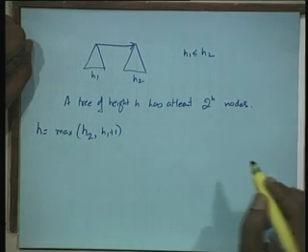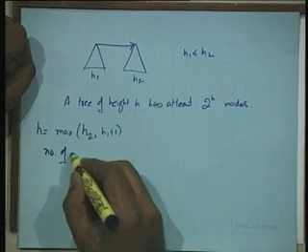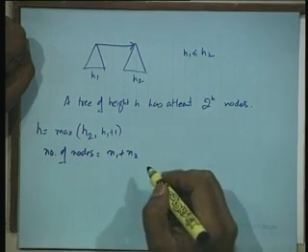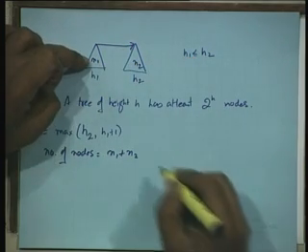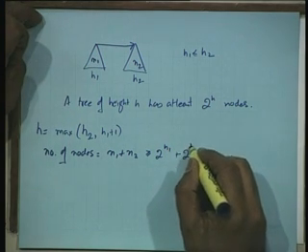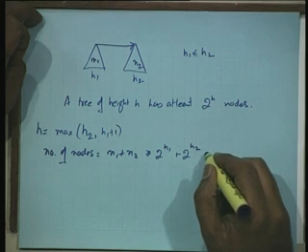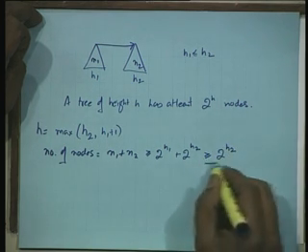Now, what is the number of nodes in the new tree? It equals n1 plus n2, the number of nodes in this tree plus the number of nodes in this tree. We know that n1 is at least 2 to the h1, n2 is at least 2 to the h2. So this quantity is greater than or equal to 2 to the h2, that is one way of thinking of it.